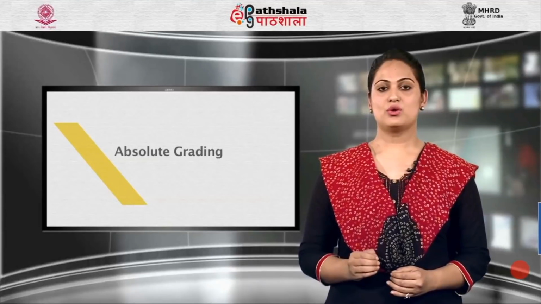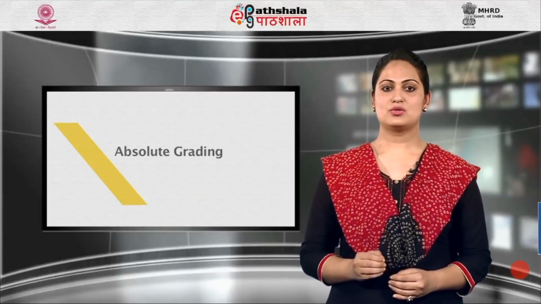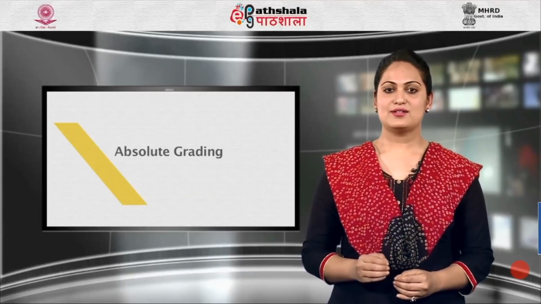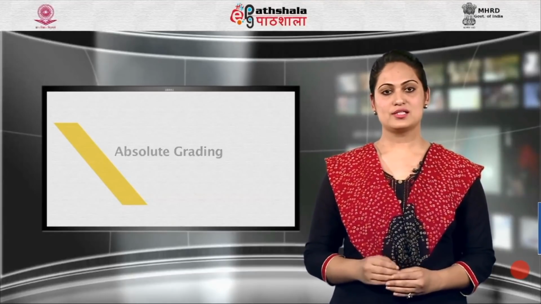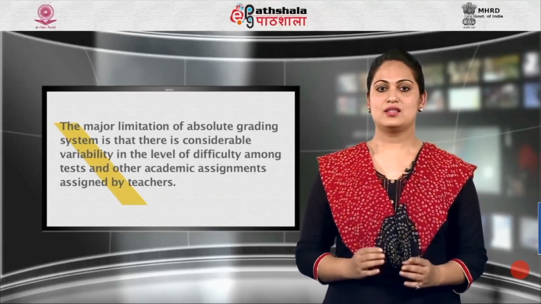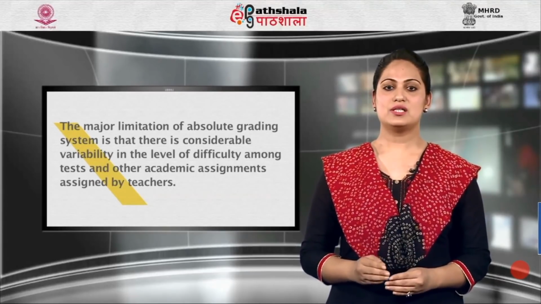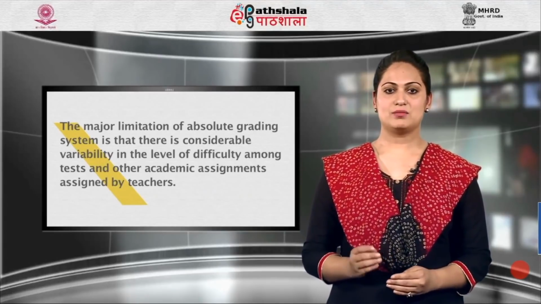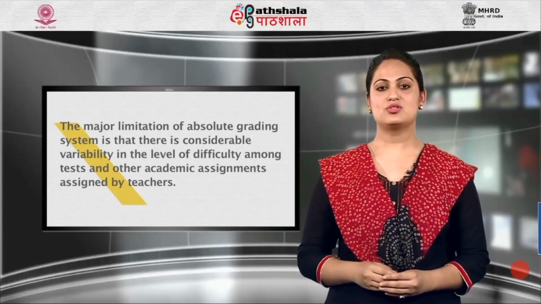One of the most common absolute grading systems is the traditional percentage-based system. In it, grades are converted from the percentage of marks. The major limitation of the absolute grading system is that there is considerable variability in the level of difficulty among tests and other academic assignments assigned by the teachers.